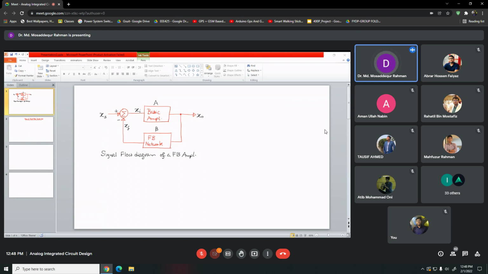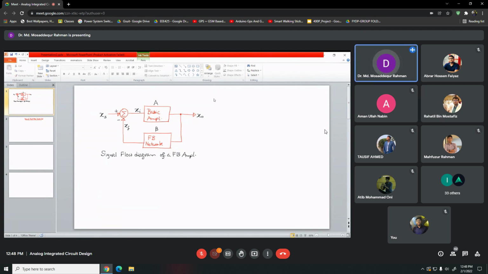Why is it negative? Because the feedback signal is deducted from the source signal, so the error is counted here, so we need negative feedback.